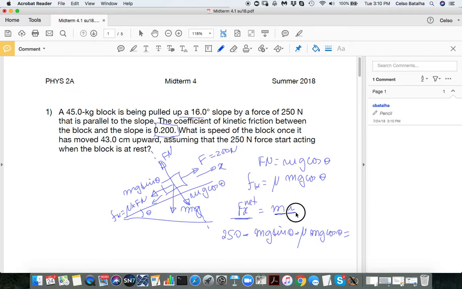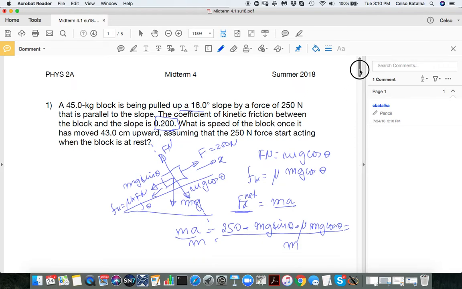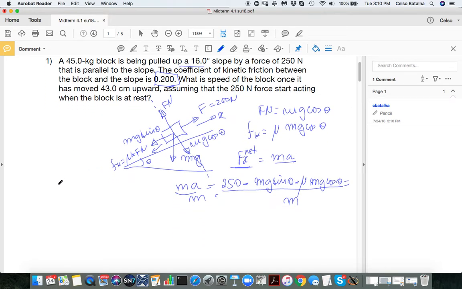And this is equal to ma, right? So with that, we can find acceleration. And I think from there, most of you could find a way. If you could find acceleration, you could get the speed, right?